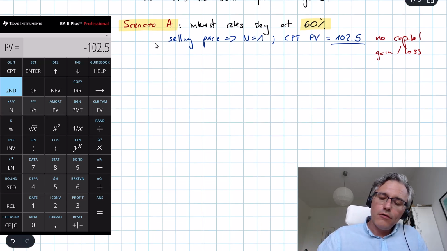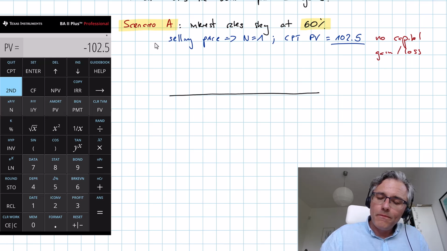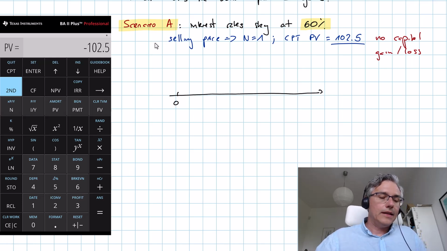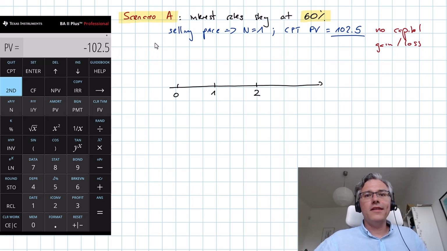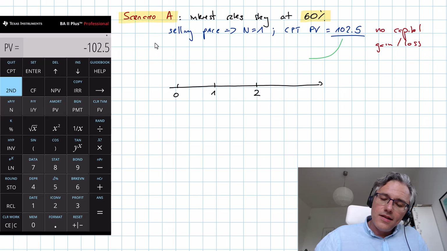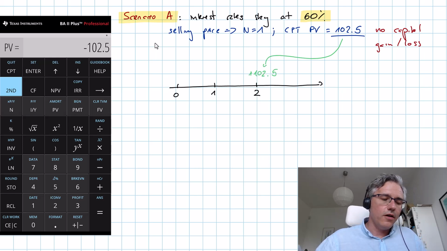Let's think about a timeline. Time 0 when we purchased, end of year 1, end of year 2 when we actually sold, and we didn't wait long enough to see what happens at the end of year 3. So this is the selling price over here, 102.5.